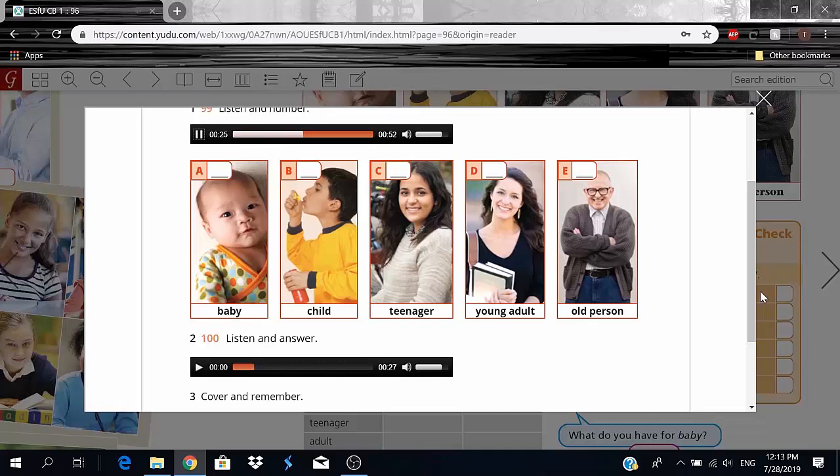He's 10. 3, It's strange, I'm 80, but I don't feel like an old person. 4, She is a nurse. She works in a hospital. She's about 30. 5, What a lovely baby. How old is she? She's 10 months.